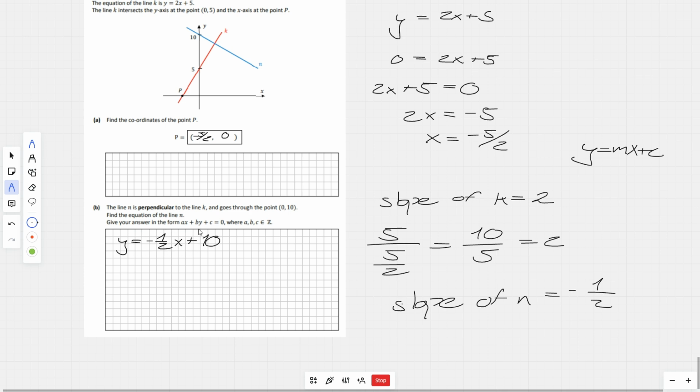All we have to do now is give it in the form that they wanted. So ax + by + c = 0. So I'm going to put everything over to the left-hand side. So minus half x will switch to half x. This will be + y - 10 = 0. And then a is a half, b is 1, c is -10. So they're all integers, giving us the answer for part B.